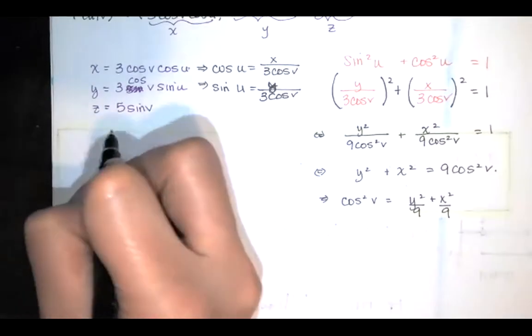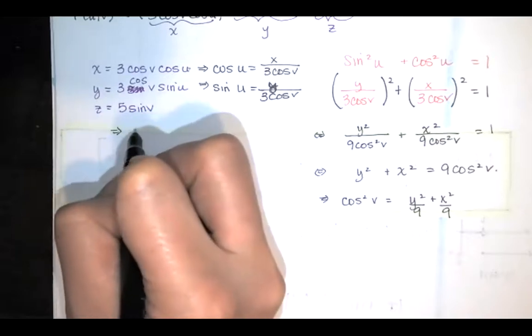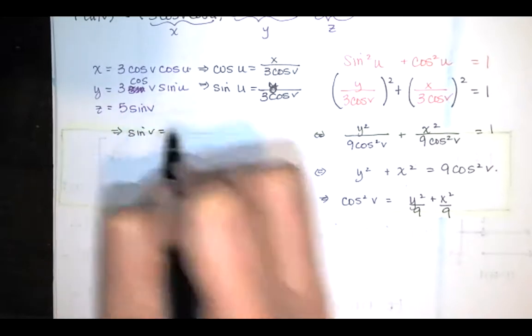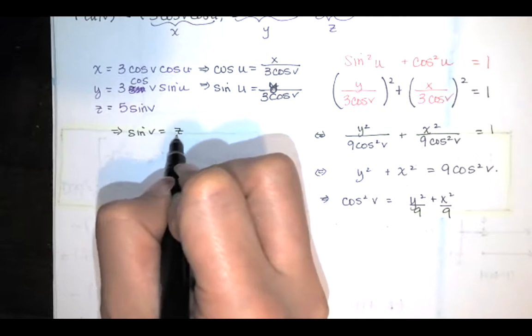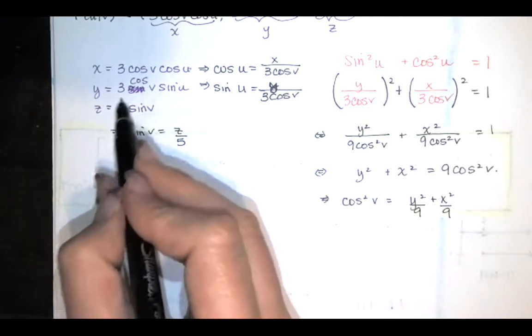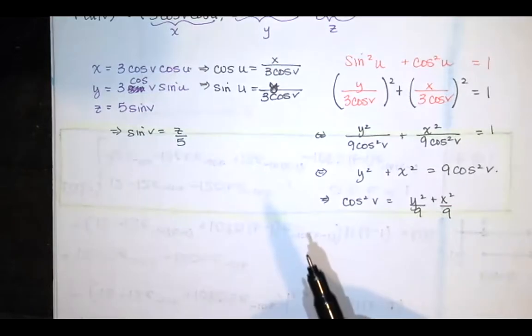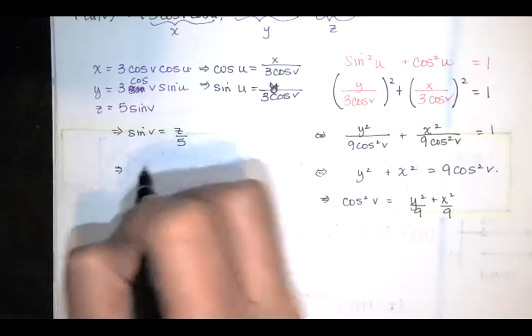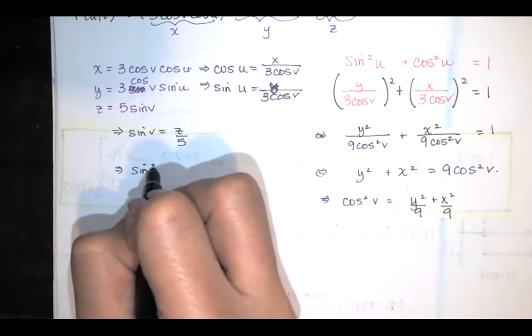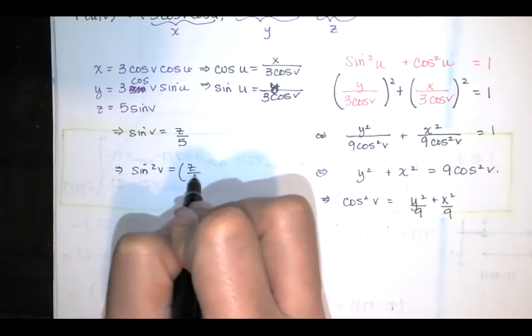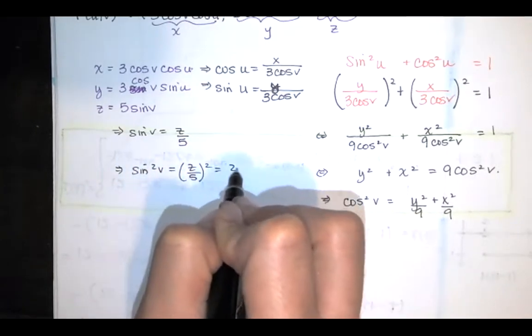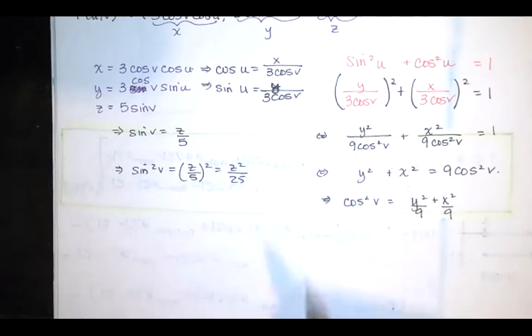It's up to you. You don't have to, but you can. And then here, if I take this equation for z and solve for sine of v, I get this. Z divided by 5, because I'm dividing both sides to get sine of v by itself, is equal to sine of v. Now, if I square that, I get z squared over 25.